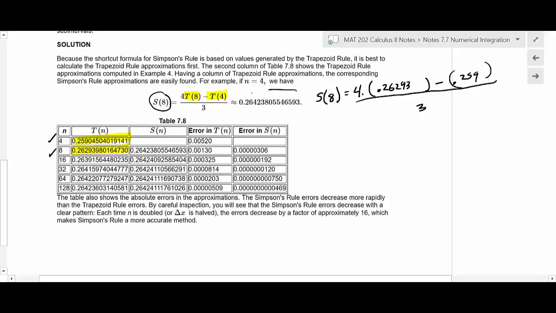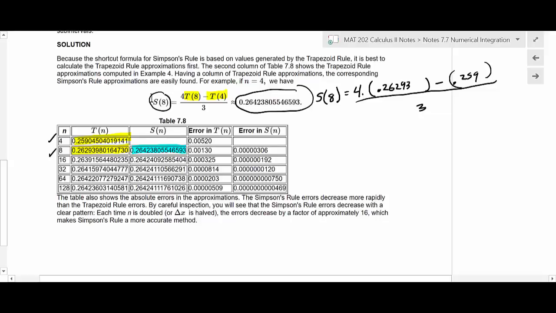So if you work that out, you would get that approximation right there. And what this table is, I took this out of the book, is if you computed Simpson's rule 8, then you would get this right here. So that's a pretty simple thing to do. If you know some information on the trapezoid rule, then you can figure out Simpson's rule.